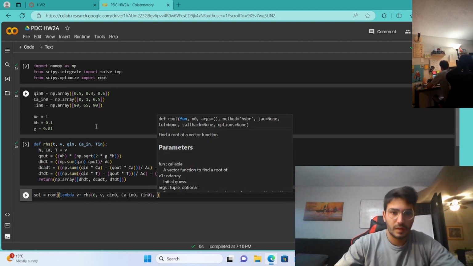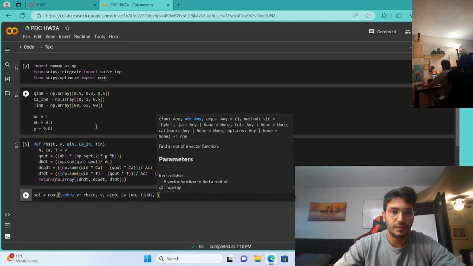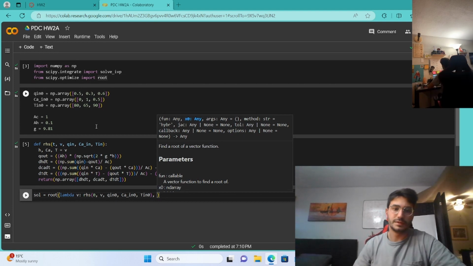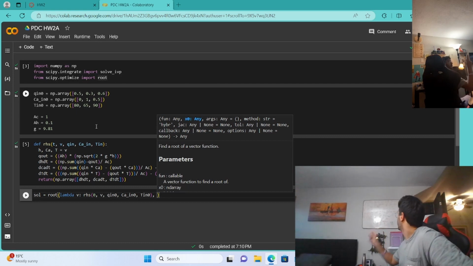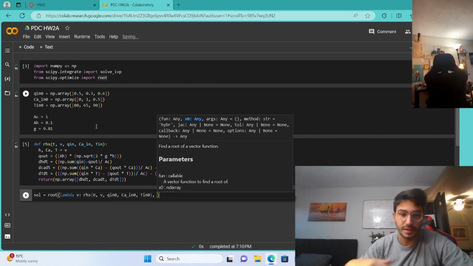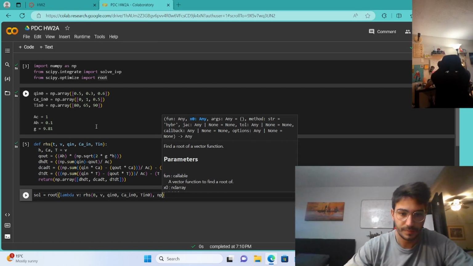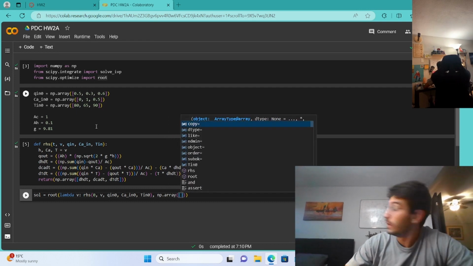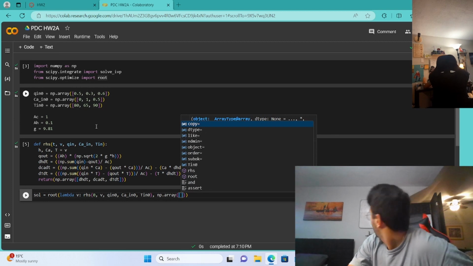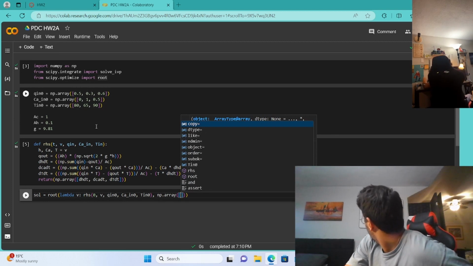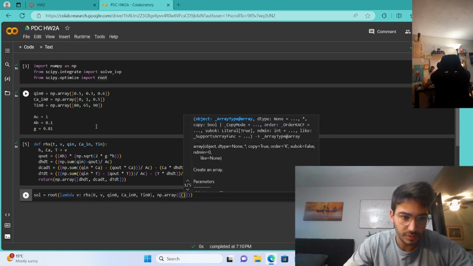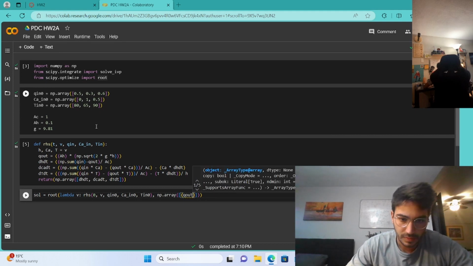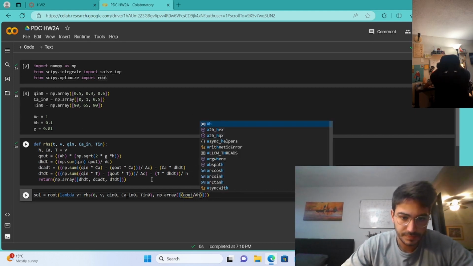Right. Then we have to give our initial guess, so that is where our value for h comes in. So we go create an array for that. We're going to have q out over AH, so we have q out over AH.